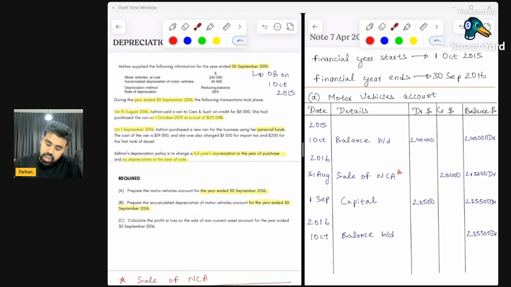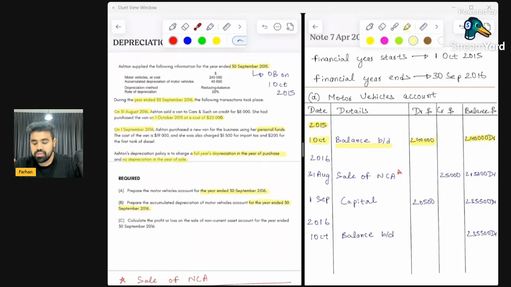So in the ledger account, I'm starting with the opening balance at 1 October 2015. The opening balance is represented by balance BD, which is also known as balance brought down. And the amount is recorded on the debit side, which is $240,000, which gives us a net balance of $240,000 debit.